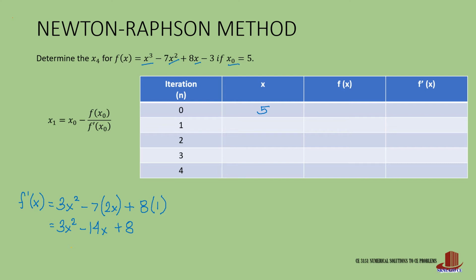If we plug in our value into the formula, that's function of 5 is equal to 5 cubed minus 7 times 5 squared plus 8 times 5 minus 3, or f of x would be given as negative 13. Plugging the same value of x of 5 to our f prime, we would also have positive 13.